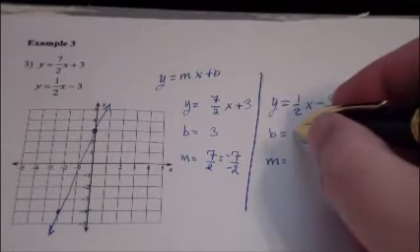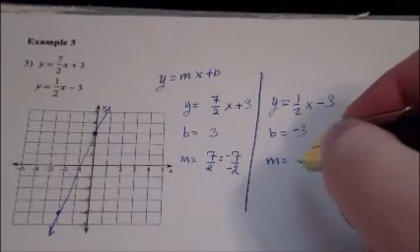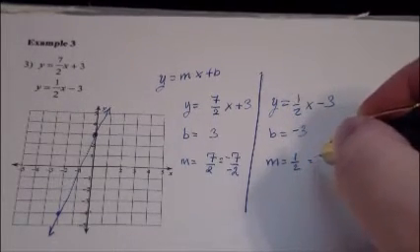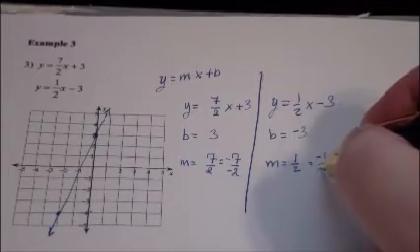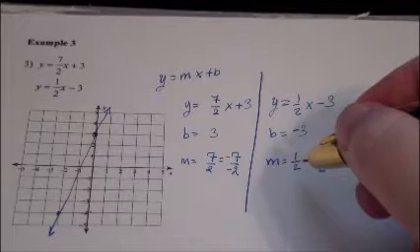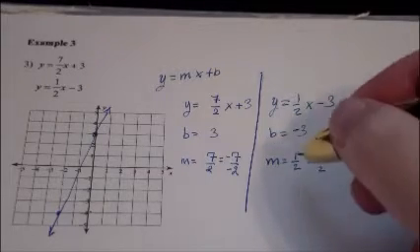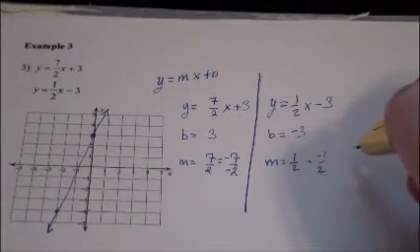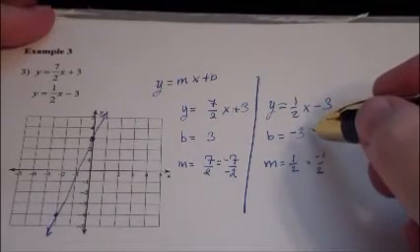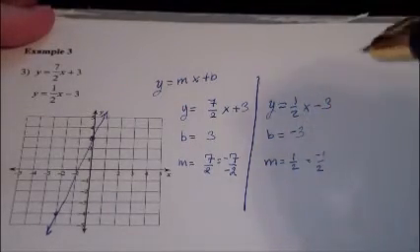Well, b is -3. Slope, 1/2. And we could also do the negative. I always like just to have both slopes because I never know. Maybe I use this one, maybe I use that one. I just write them both down so I have them both ready to go. Okay, y-intercept, -3. That means we're going to start at -3.